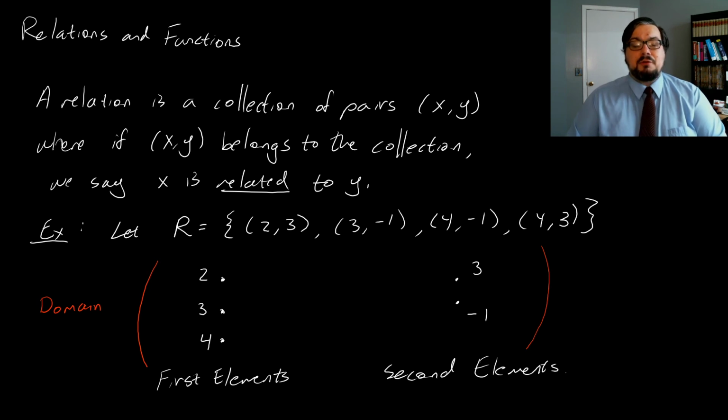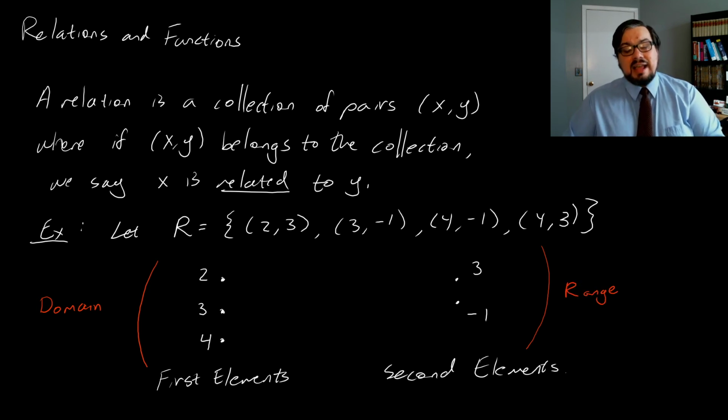The set of all first elements of the relation is going to be called the domain of the relation. The set of all second elements of the relation is called the range.